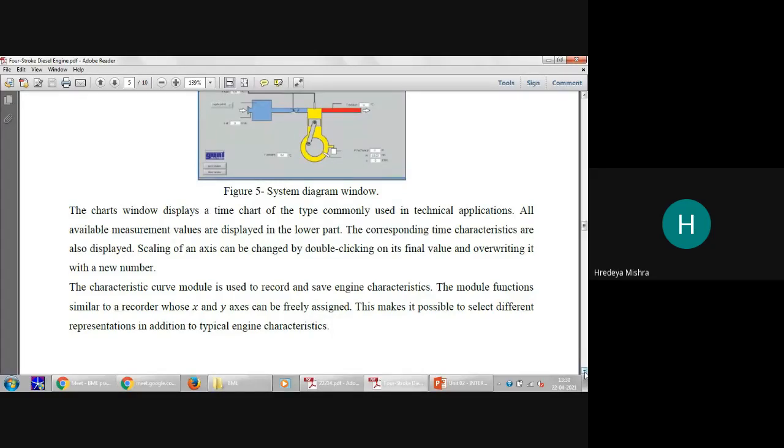The characteristics curve module is used to record and save engine characteristics. The module functions similar to a recorder. The x and y axes can be freely assigned. This makes it possible to select different representations in addition to typical engine characteristics.